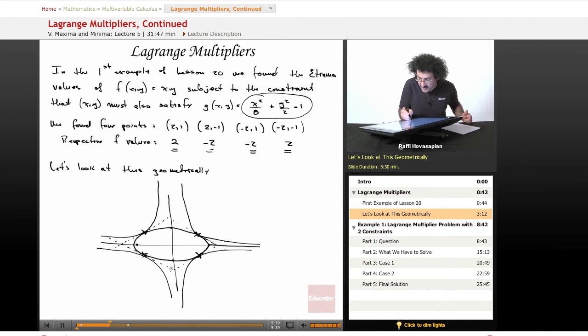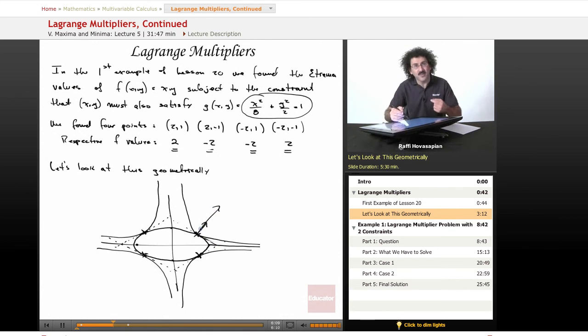The tangent line at this point is the same for this curve, G, and for this curve, F. So the gradient of F will be this way, and the gradient of G will be this way. Because the tangent lines correspond, and the gradient vector is perpendicular to the tangent line, they're moving in the same direction.